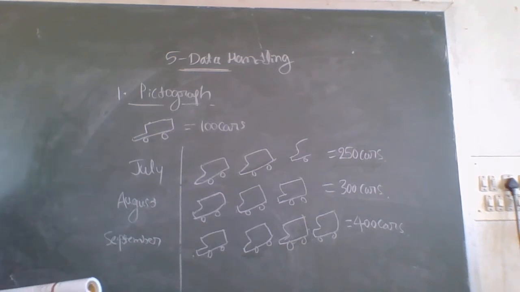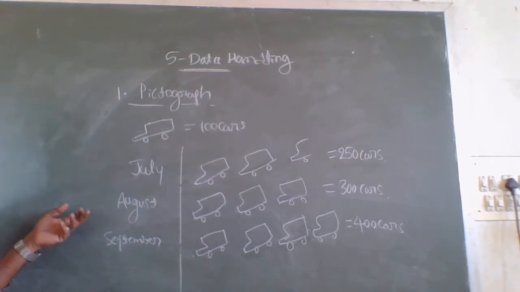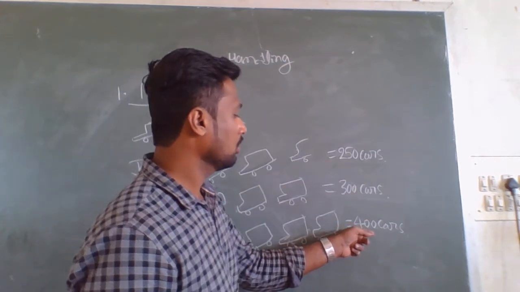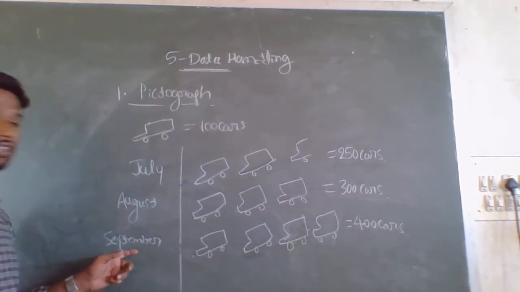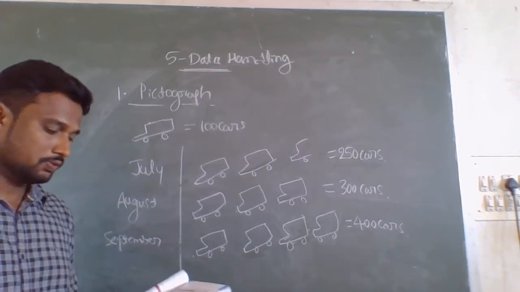Next question. In which month were maximum number of cars produced? Here 250, 300, 400, means 400 is maximum. So in September, maximum number of cars were produced.